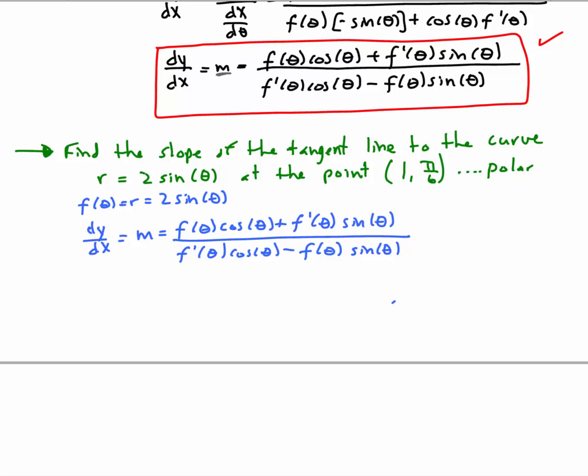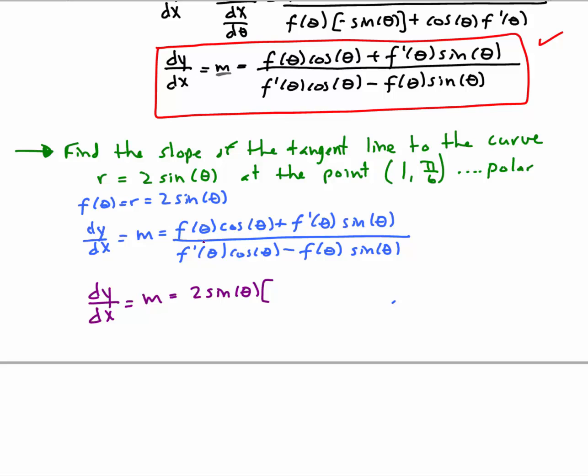So this then for my problem would be dy dx, and of course that's equal to the slope, would be f of theta. Well, f of theta is equal to 2 sine of theta. Now for here, I just have my cosine theta.